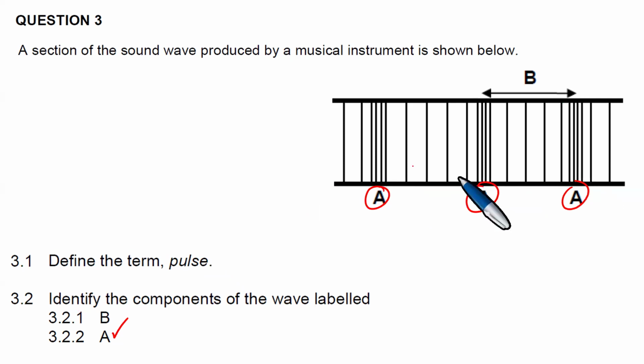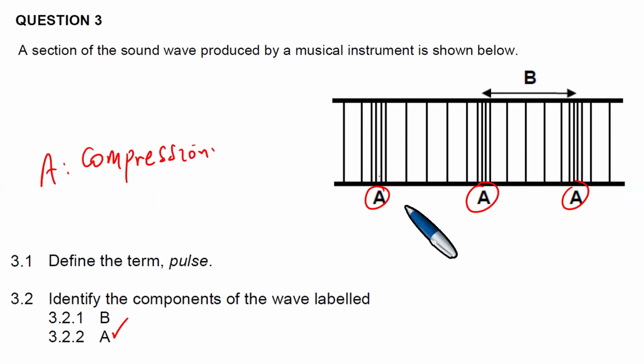Here there is wider spacing, but here they're closer to each other. And A is actually called compression, because they're closer to each other.